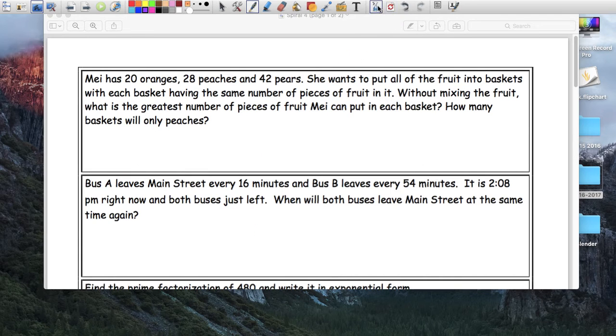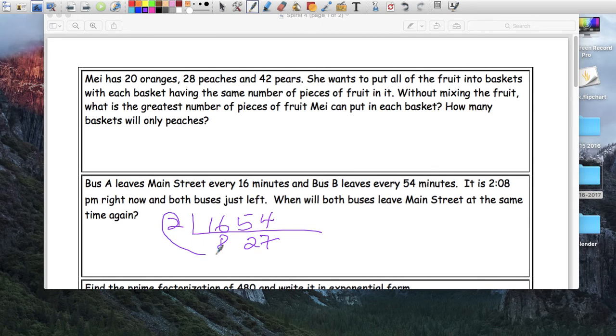Bus A leaves every 16 minutes and bus B leaves every 54 minutes. I wasn't aware of how big the number was going to be, but it came out to be a big number. 16 and 54. 2 times, that's 8, and here is 27, and that's it. 2 doesn't go into 8 and 27, so it only goes into 8.